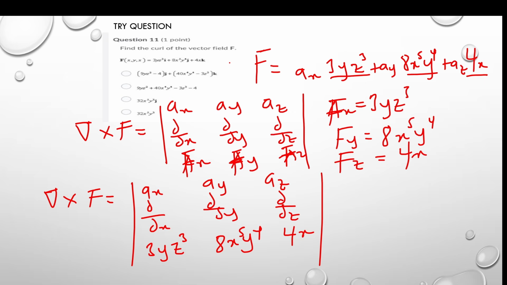So how do we solve this? So we are going to consider this is a 3 by 3 matrix. So we are just going to solve it using the formula, how we do it in algebra.